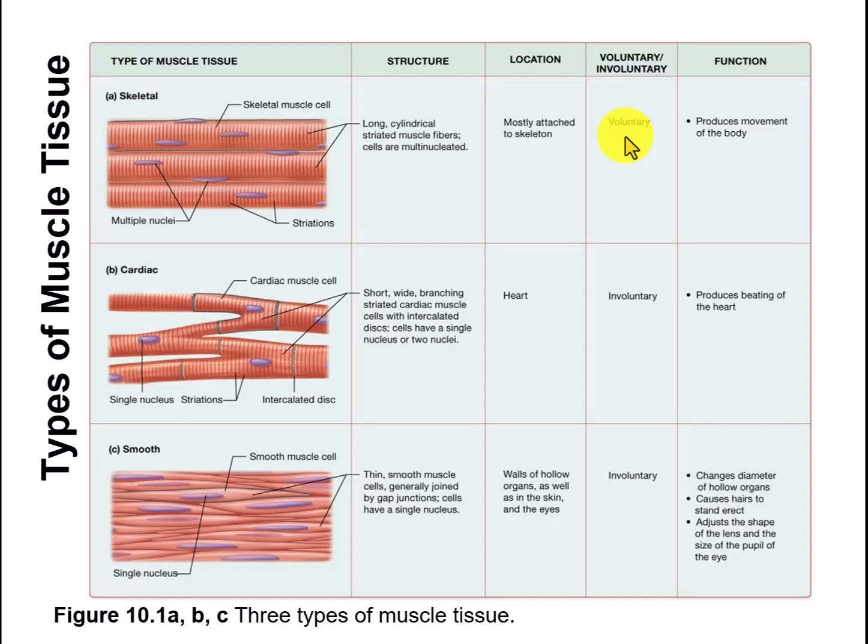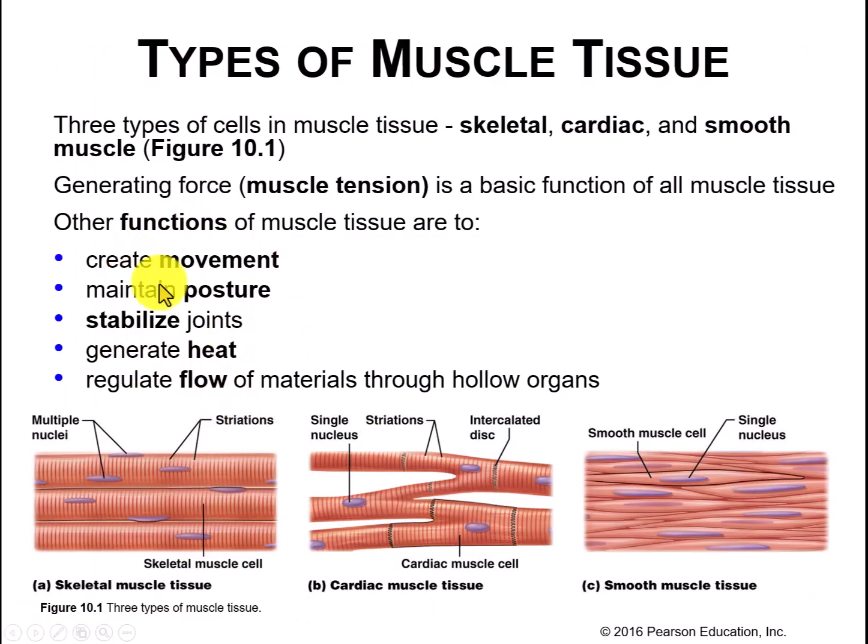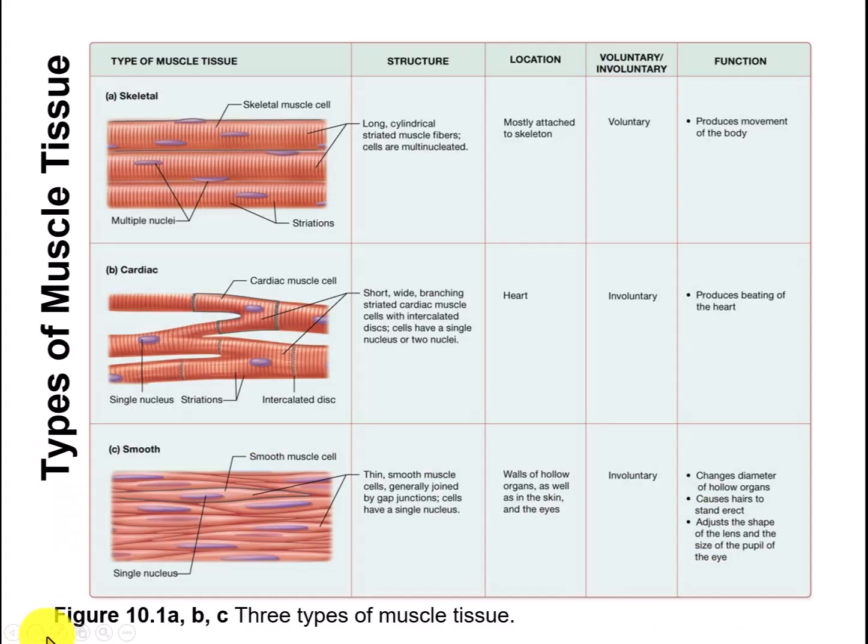It's just you're not necessarily thinking about it as much as you had to when you were younger. And then the functions of the different muscles. And remember, when you're answering your possible exam questions, you need to give a little more detail than this to get full credit for that answer.